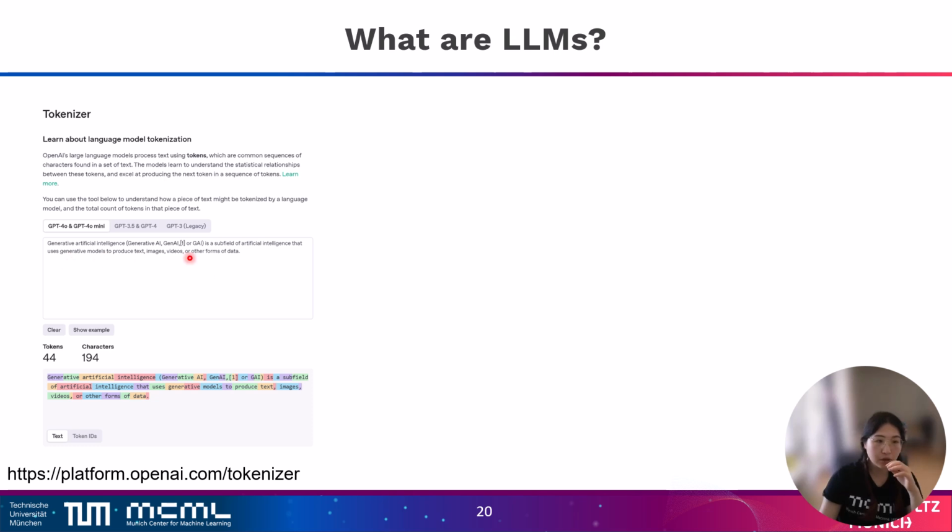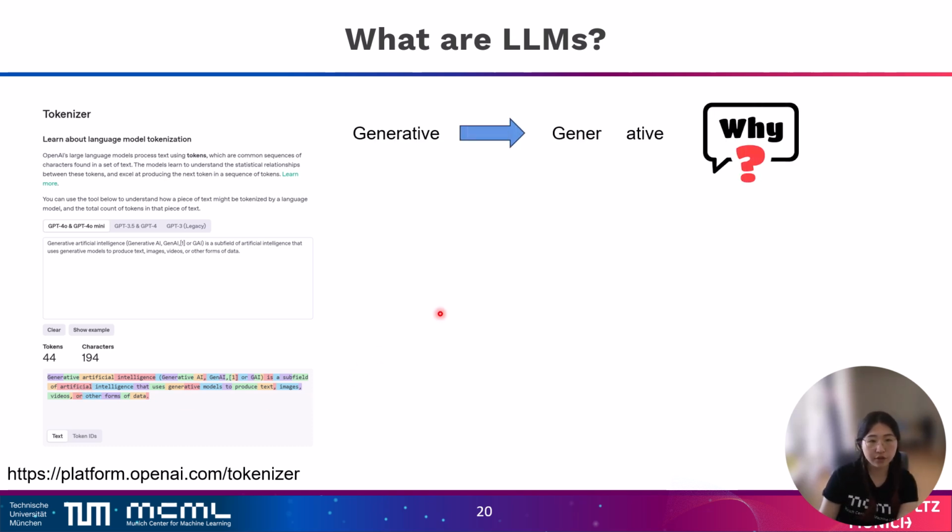Here I put in a definition of generative artificial intelligence, and then we can see how many tokens are behind this sentence, and each color represents one token. Here we also find an interesting thing: "generative" is not one word, one token. It is two tokens, like "gener" and "ative".